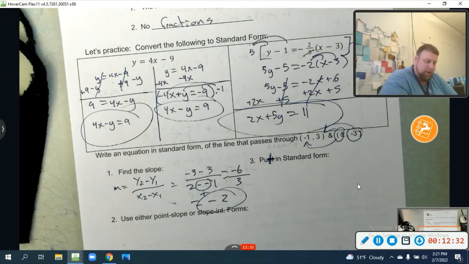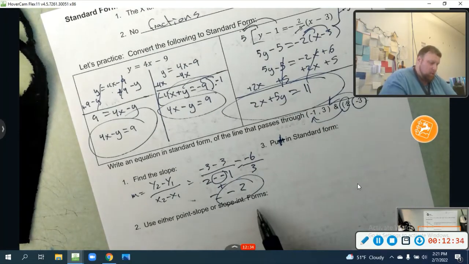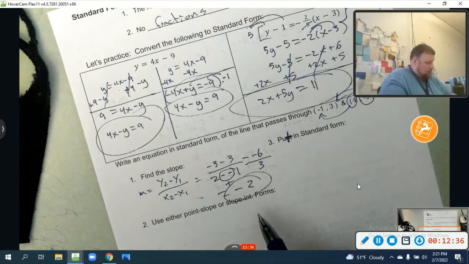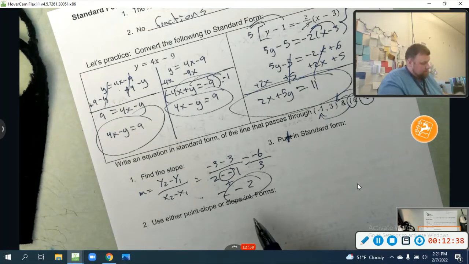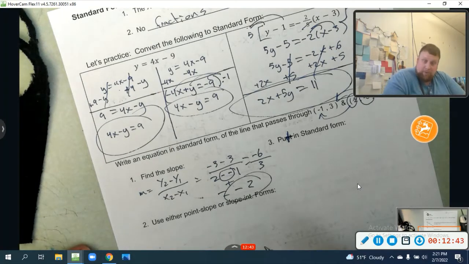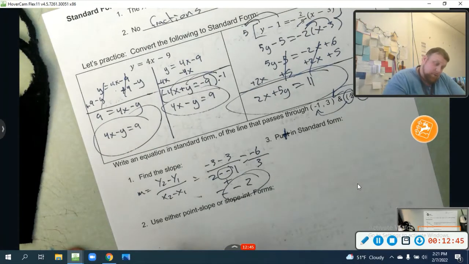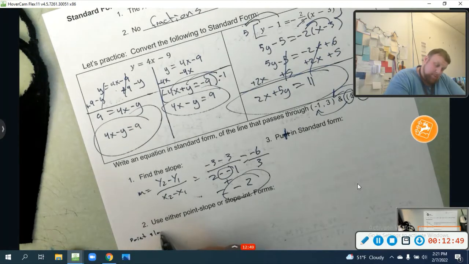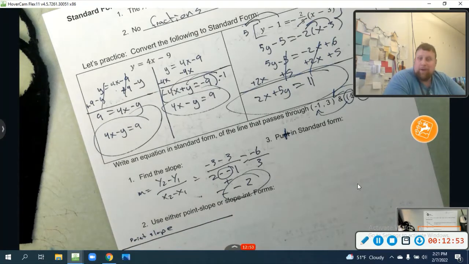So we're going to put it in point slope or slope intercept form. I'm going to go ahead and do both for you guys here. So for point slope form, I have 2 different ones I can do, don't I?